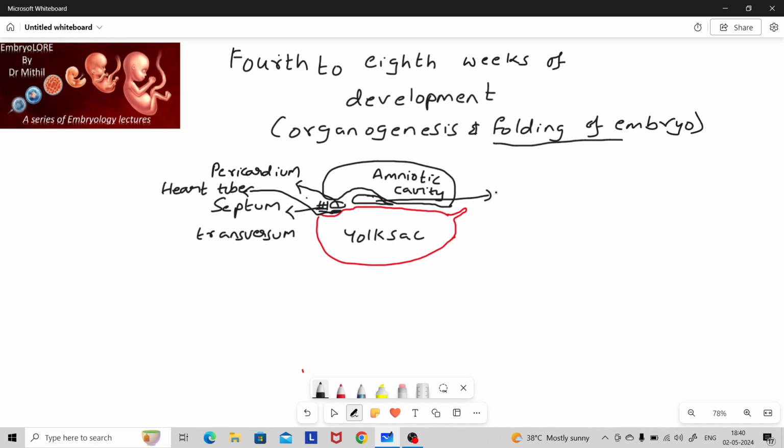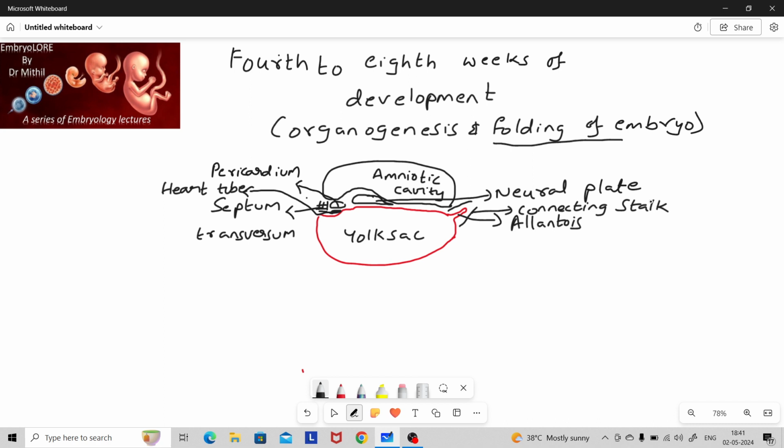This is the neural plate, and here this is the allantois, which is encircled by the connecting stalk. So this is how the picture looks just before the formation of the head and tail folds.